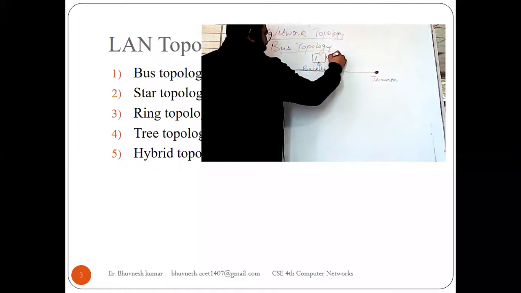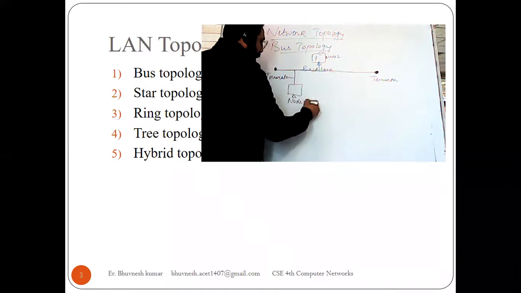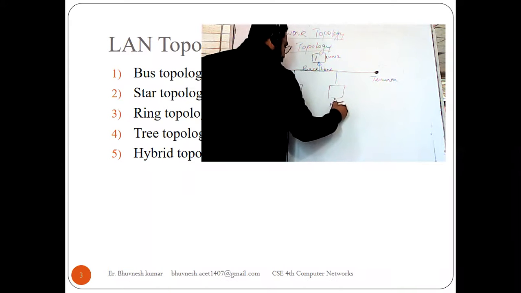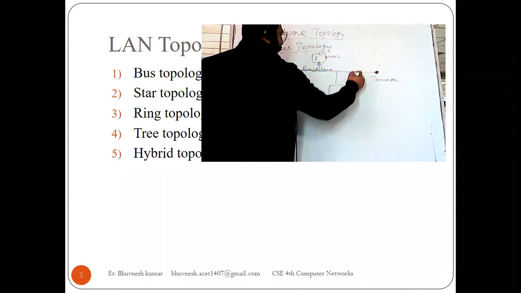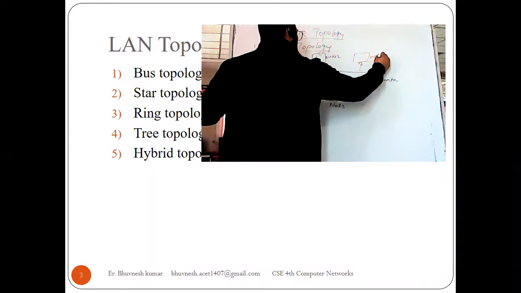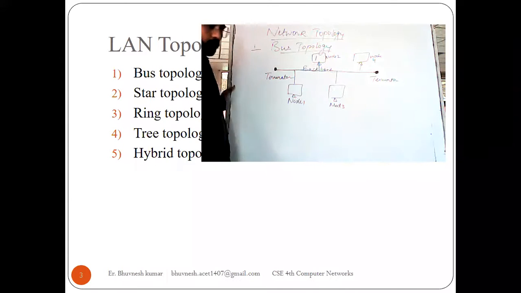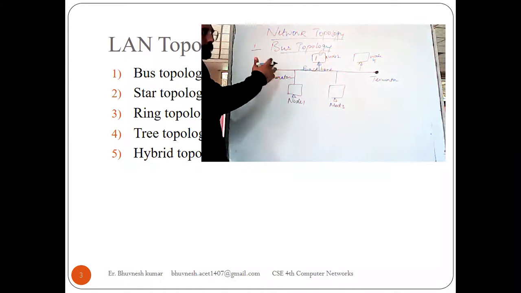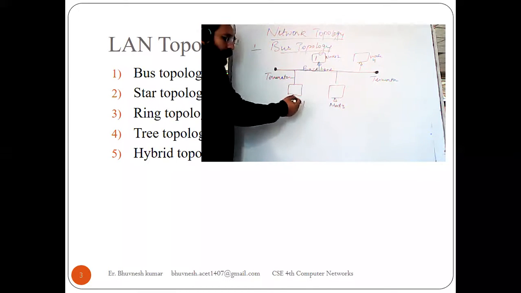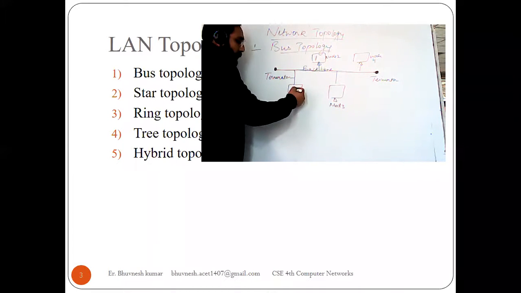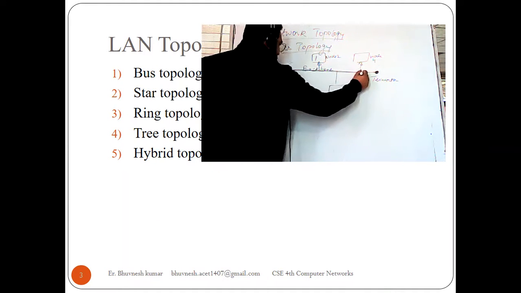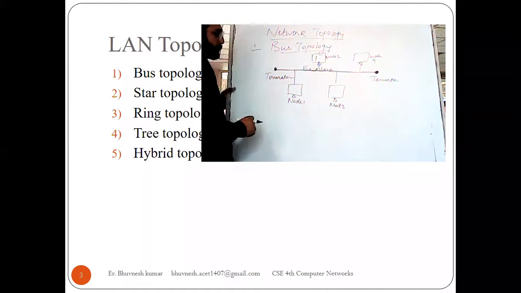This is node 2, node 1, and further there is node 3, node 4. This is what your bus topology looks like. In this, we can make a network because each and every PC is connected with this backbone.